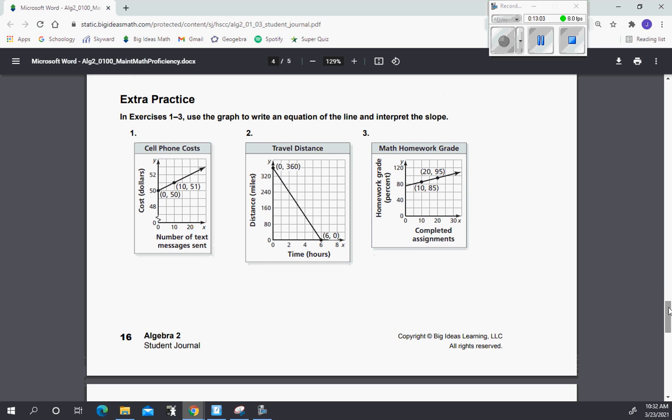Next says 1 through 3. Use the graph to write an equation of the line and interpret the slope. I'm just going to use this equation: y equals mx plus b. What does b stand for? B is the y-intercept.